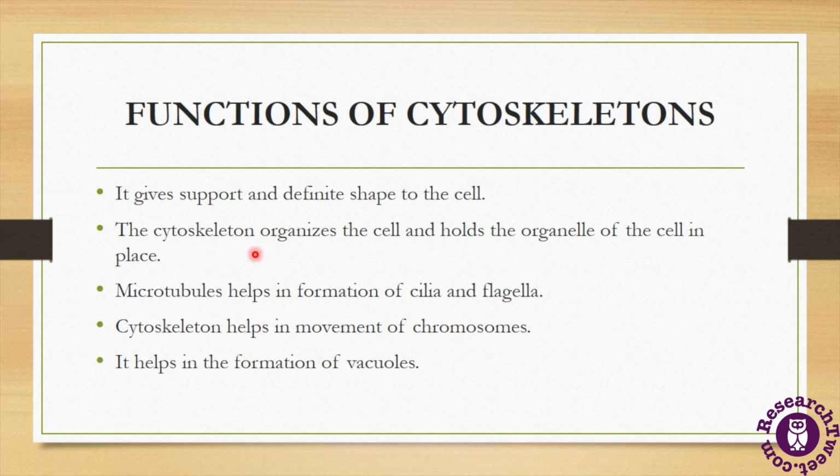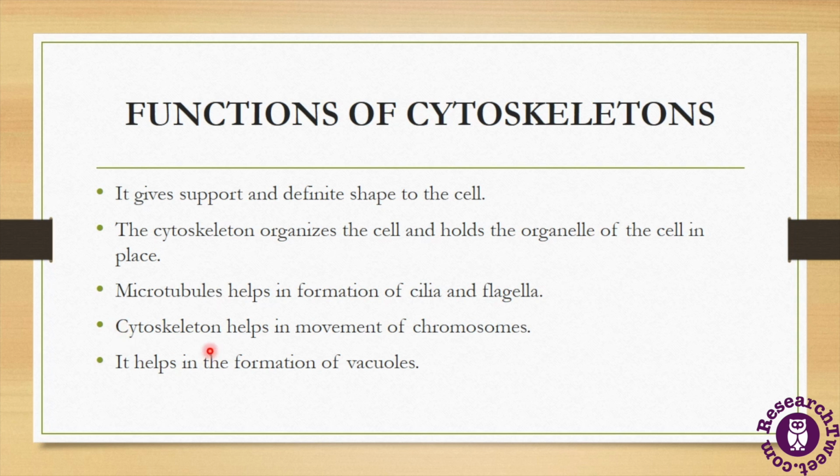The microtubule type of cytoskeleton also helps in the formation of cilia and flagella, and these have a very important role in the movement of bacteria and other eukaryotic or prokaryotic organisms.